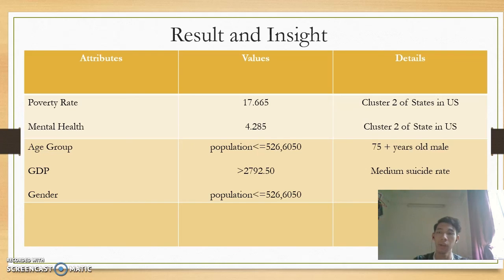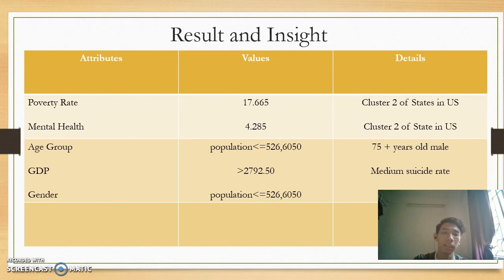On the other hand, we have age group, GDP, and gender. So these three attributes are from the second data set, which is the suicide rates overview 1985 until 2018.